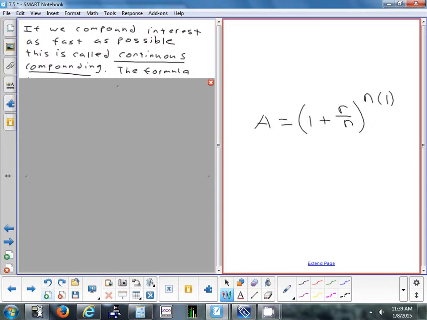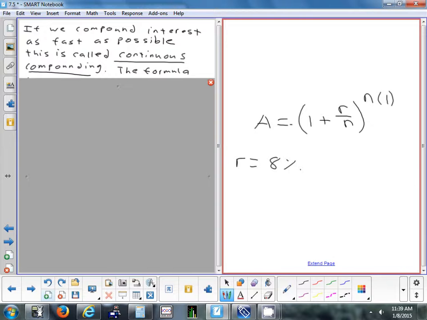Okay? Let's look at an example we just did. Just use R as 8%. Okay, and I want to kind of see what happens to that as I let N get bigger and bigger and bigger. Okay? And yeah, this fraction is going to get smaller and smaller.